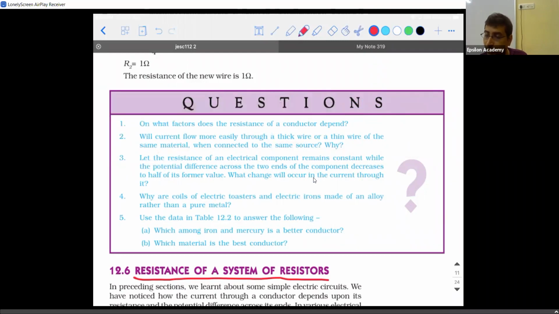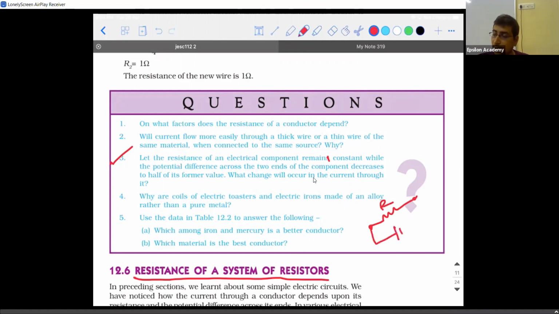Now see. Third one. Let the resistance of an electrical component remain constant, while the potential difference across the two ends of the component decreases to half of its former value. Okay. You have an electrical component whose R value is constant.